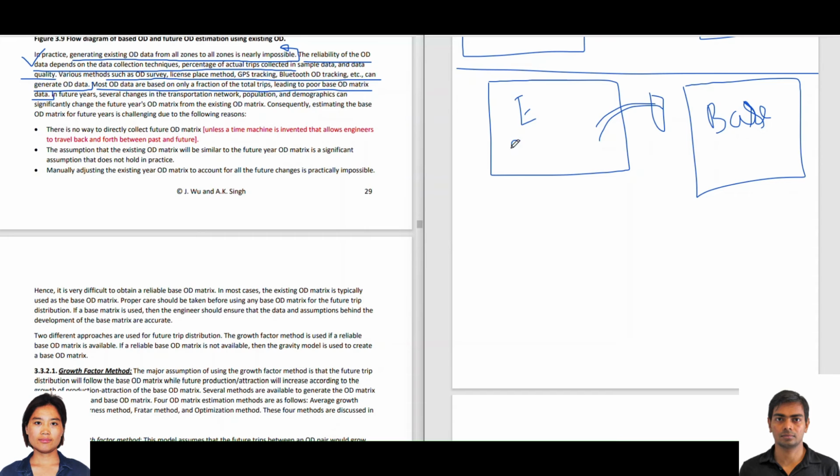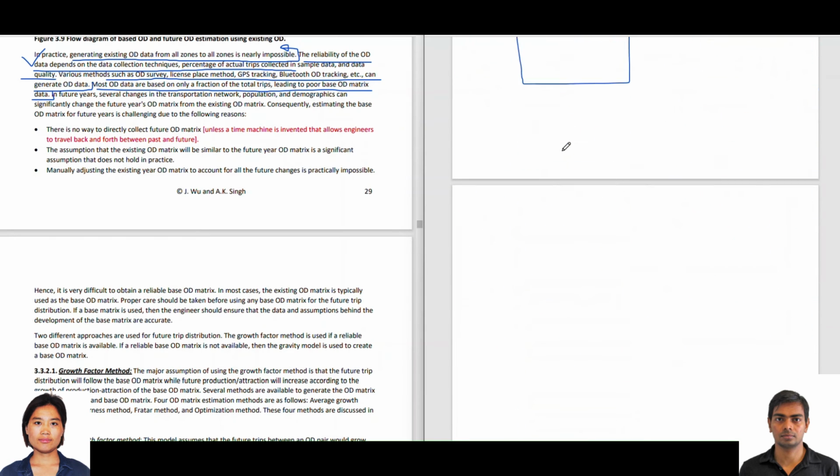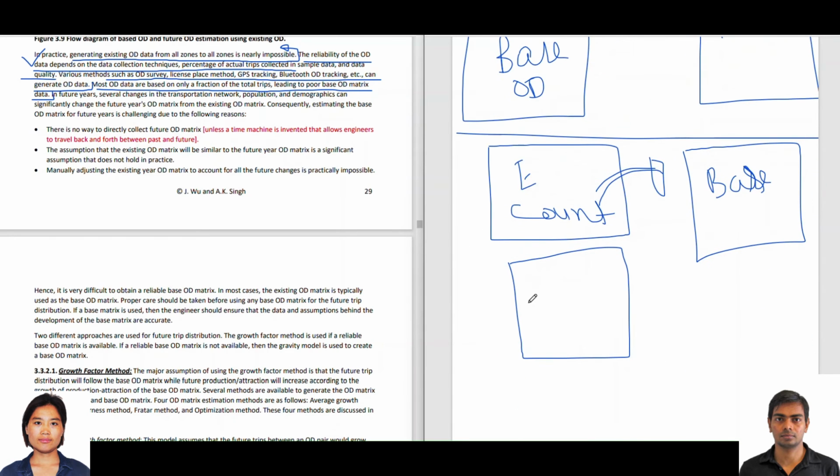So this is a count. This is my existing OD based on count, and then there will be some OD which will come from the travel demand model.